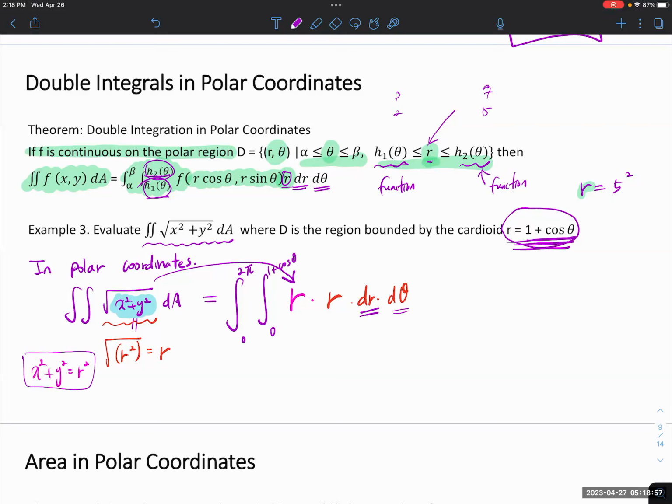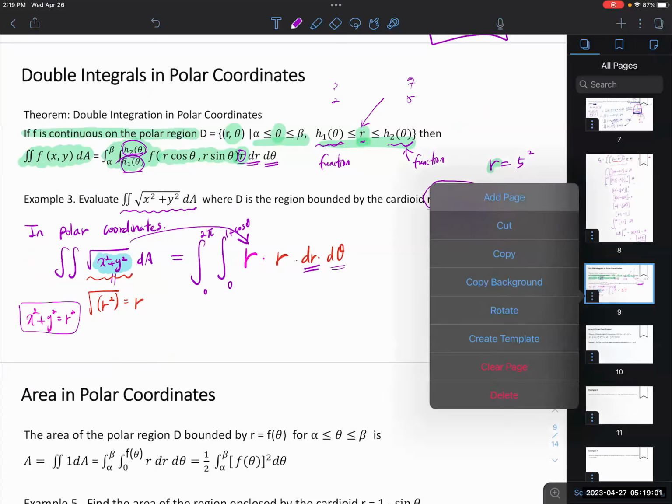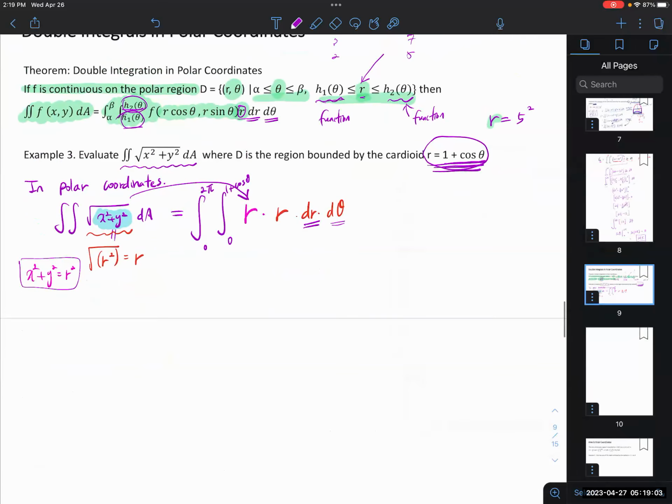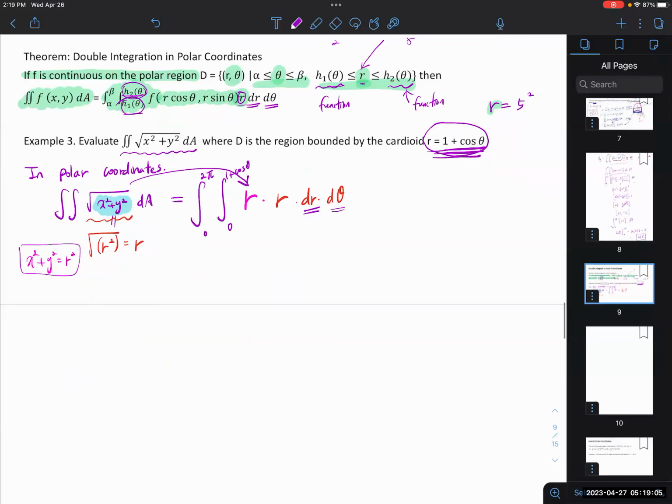This is the radius for the r. Are you okay with that? So I'm not changing anything. I'm just using the given information. So this is what you need to do. I'm going to rewrite it. We are calculating the integral from 0 to 2 pi, from 0 to 1 plus cosine theta, of r squared, dr d theta. That's what we are going to do.